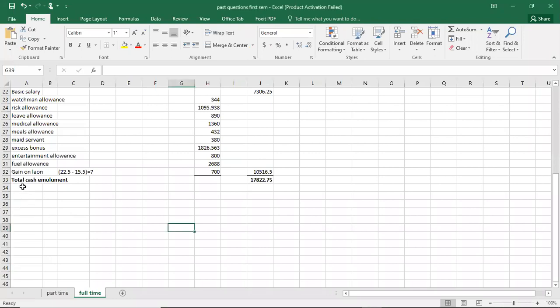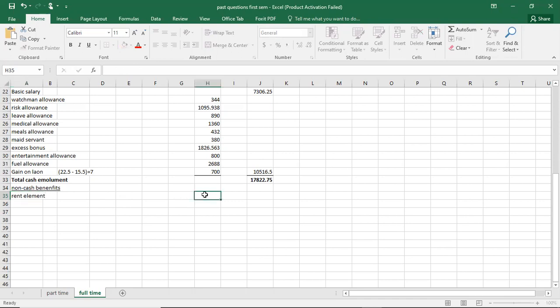Now, the next stage is to look at the non-cash benefits. The person is entitled to a fully furnished accommodation. So they said Mr. Mills Osabute was provided with a well-furnished bungalow by his employer, of which he pays 100 per month.